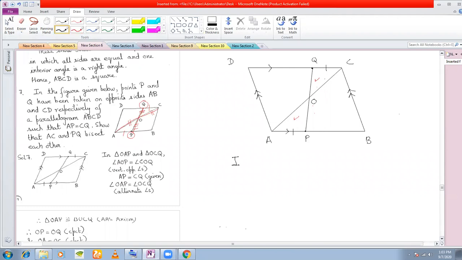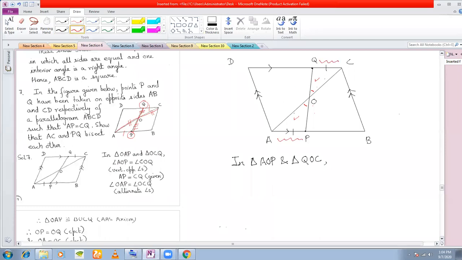We will consider in triangle AOP and triangle QOC. Now let's see what all are equal. First of all, these two are vertically opposite angles, they are equal, right? Next, this is given equal to this.